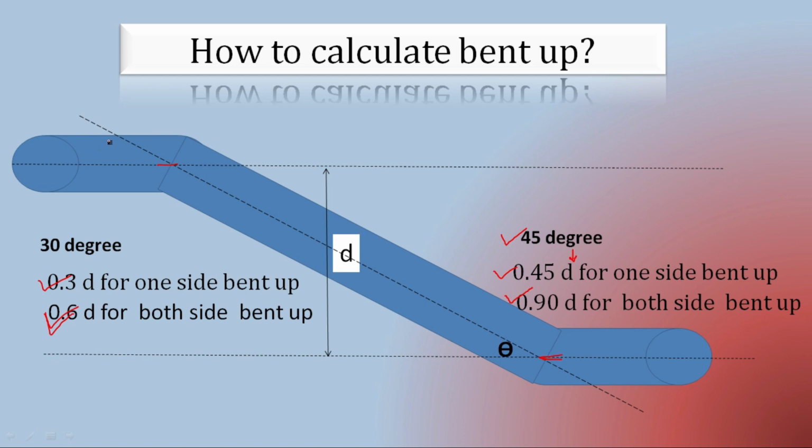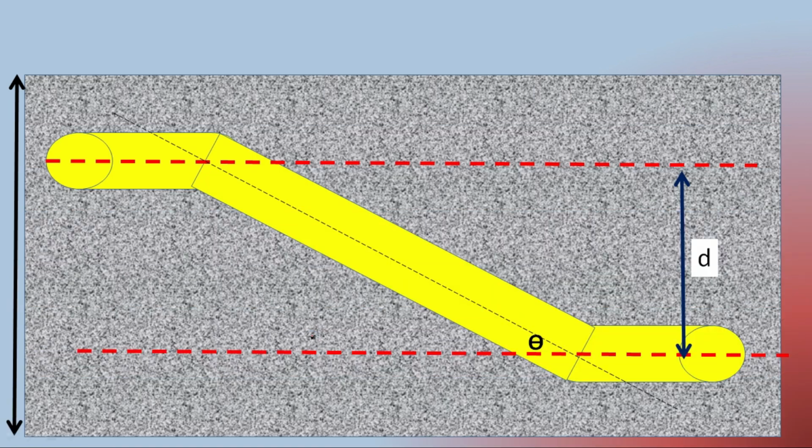Right, so as you can see, now this bar is bent up from top to down side, so it is the distance between the center of this bar to the center of the same bar which is bent up in upward direction. So in short, we can say that this much distance is going to be D. In the next slide we are going to see how to calculate the distance D.